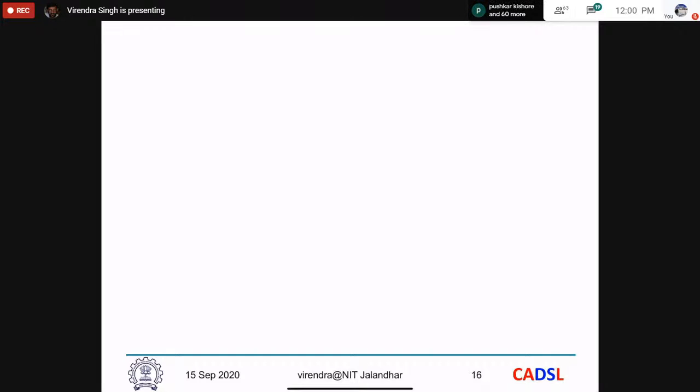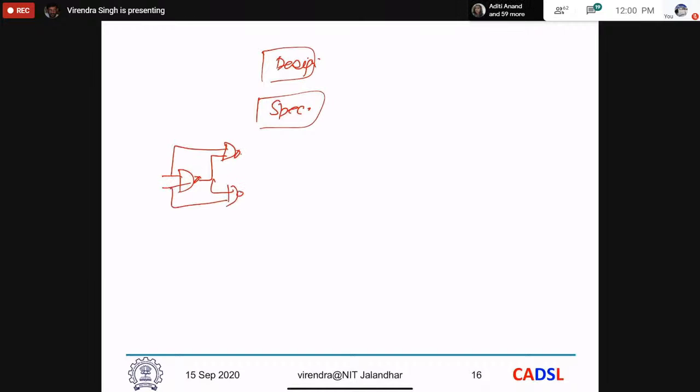The straightforward use of SAT is this: if I have one design, this is my design, and this is my specification. The specification may be the function. For example, I have a design of an XOR gate. This is my implementation of XOR; looking at the circuit, you may not say that this is an XOR gate.